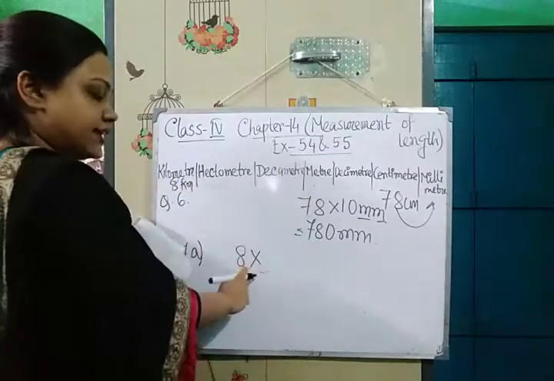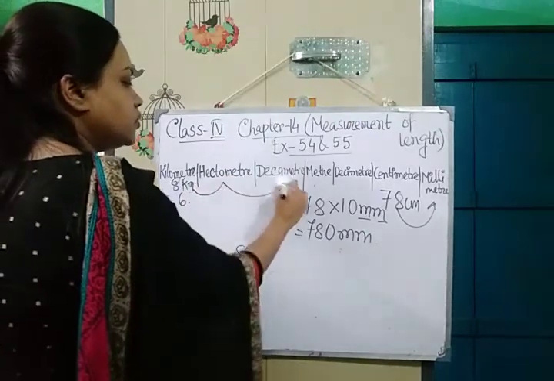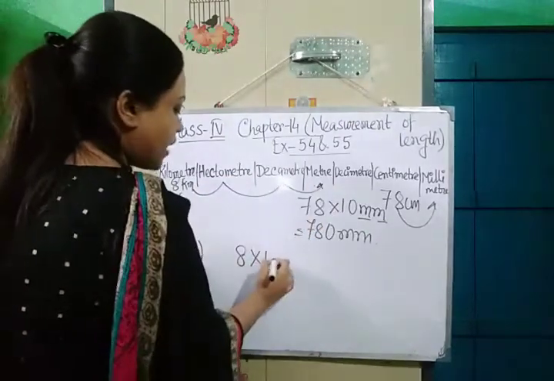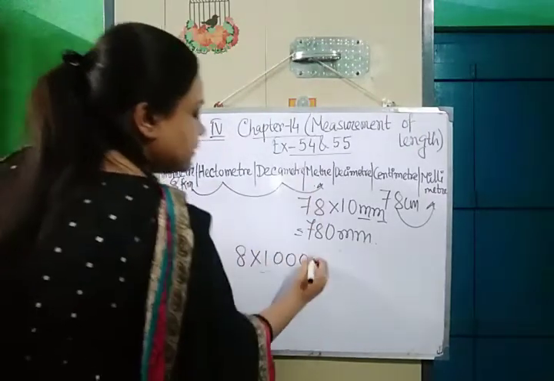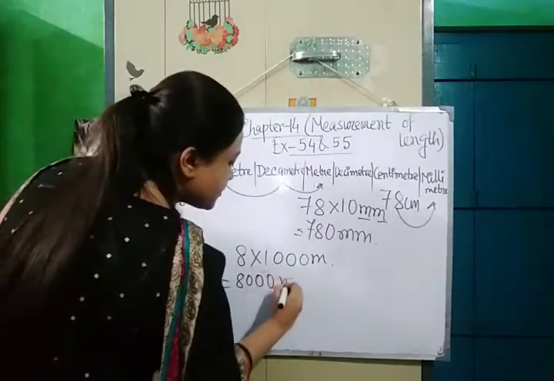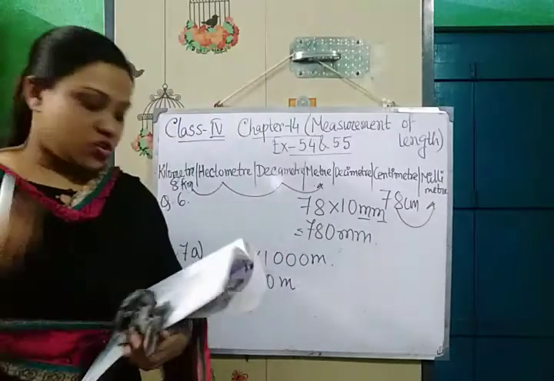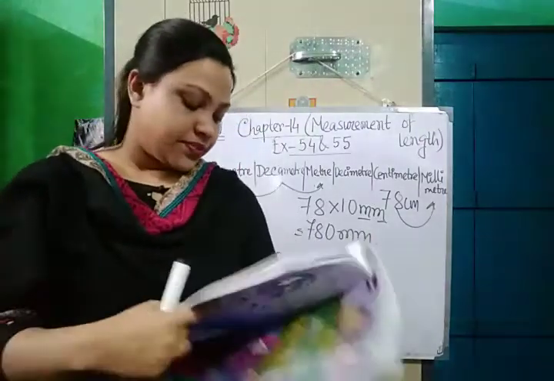How many places? 1, 2, 3 places. So after 1 we will put 1, 2, 3 zeros, and it will be meter. So it is 8,000 meter. Okay. So 8 kilometer equals 8,000 meter. I hope this is clear.